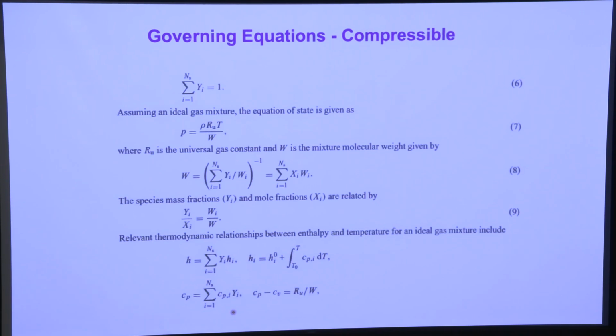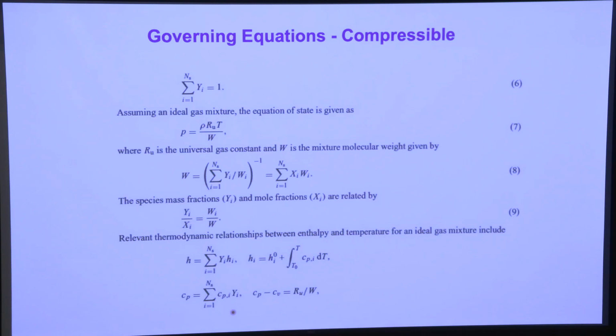So in our DNS, we only solve NS, total number of species, minus 1. So we use the inert gas nitrogen as the bath gas, which we don't solve for, because we enforce the constraint that the sum of all of the species has got to equal unity in order to satisfy continuity, conservation of mass.